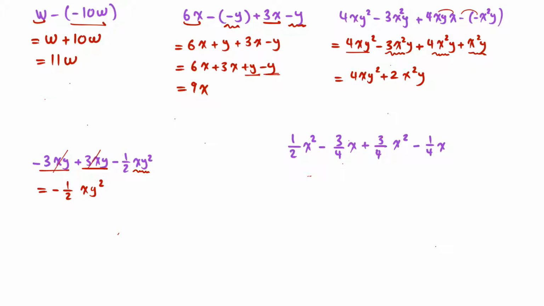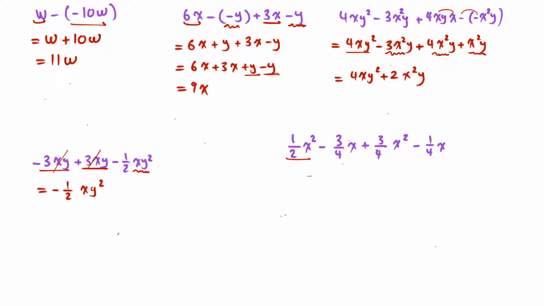Over here, in this expression that I want to simplify, I don't have any brackets. I don't have any multiplication within terms that I can simplify. I can't simplify this any further. Can't simplify this any further. This nor this. So what I will do is collect my like terms.